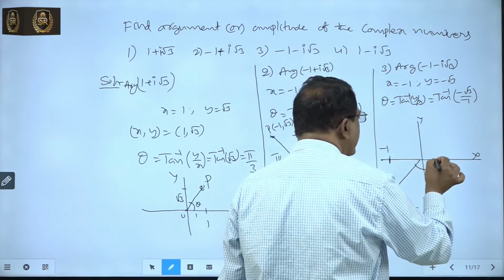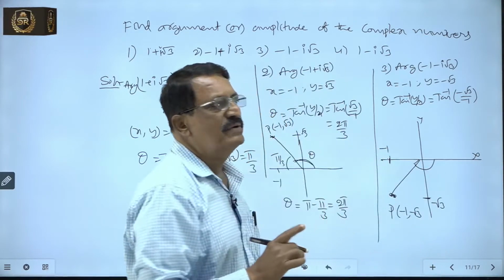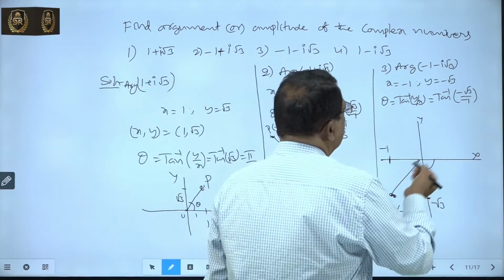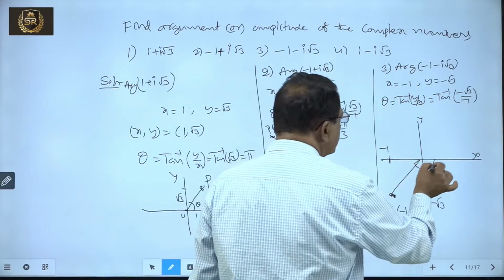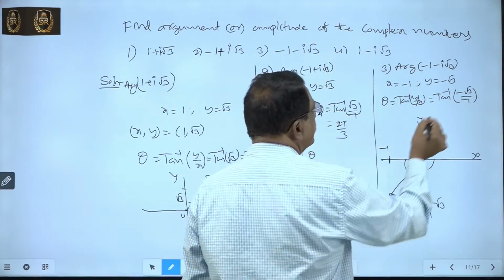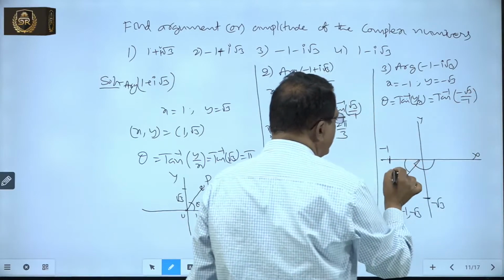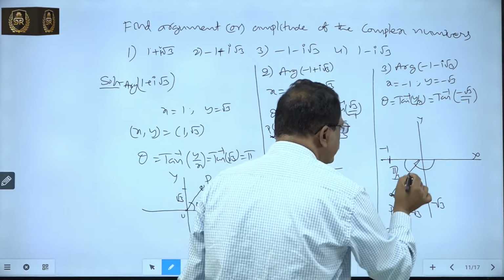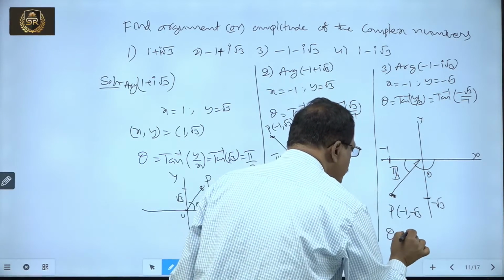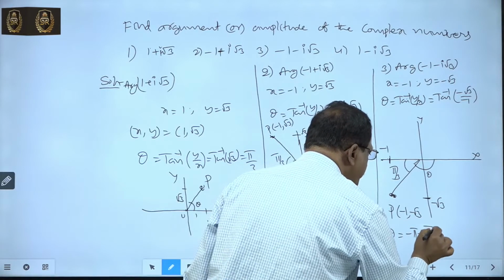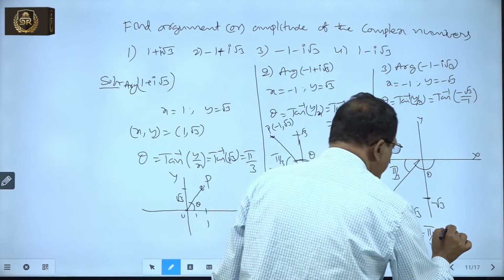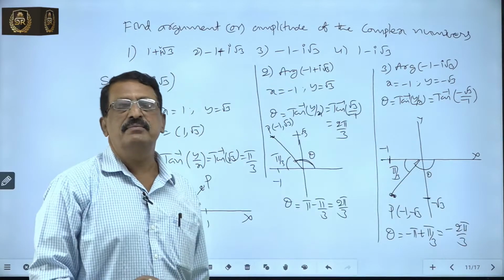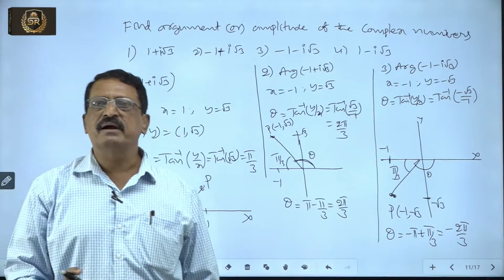Here we require this angle, because theta always lies between minus pi and pi. Now we get this angle equals tan inverse root 3, pi by 3. Therefore theta equals minus pi plus pi by 3, that equals minus 2 pi by 3, because theta always lies between minus pi and pi.